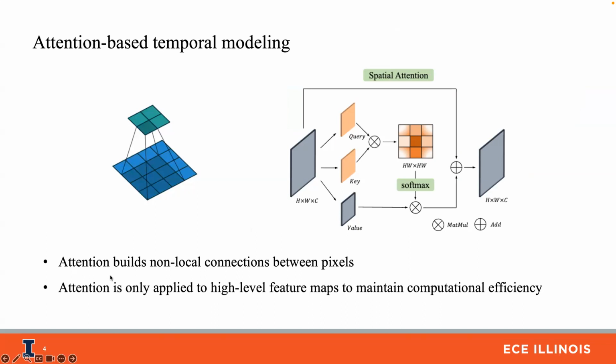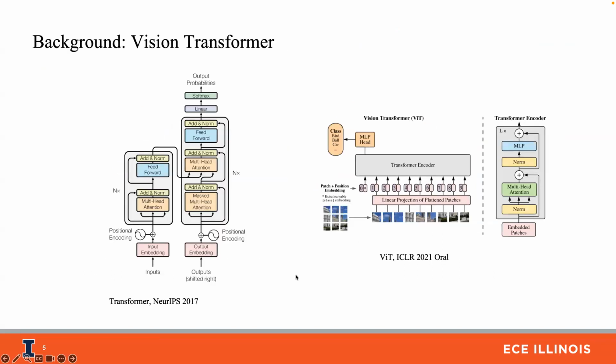Compared to that, the attention operator can build non-local connections between pixels, which motivates us to develop a transformer-based solution for video mapping. At the same time, in the vision community, there are many works that apply the transformer architecture, which was proposed for machine translation in the NLP field.